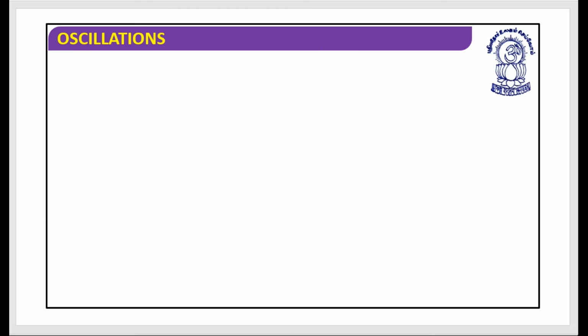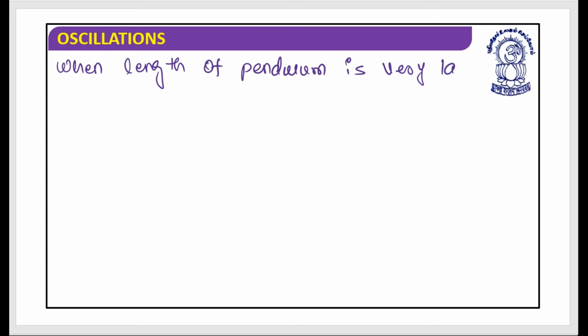Now let's suppose in the first case, when the length of the pendulum is very large, that is, let's say L is much greater than Re, then what will be the situation?